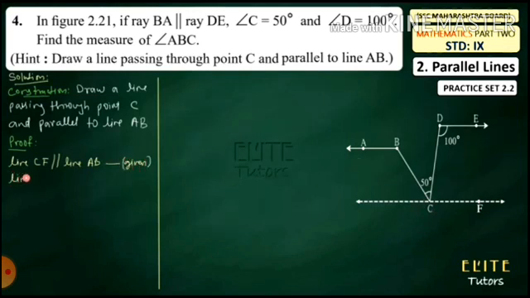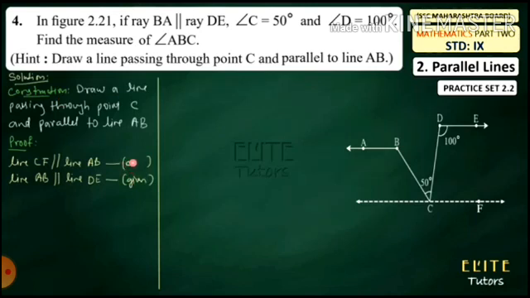Line CF is parallel to line AB by construction, and line AB is parallel to line DE by given. DE and BA is parallel, which is given in the question. So we will write this is given, and line CF parallel to line AB as a construction.